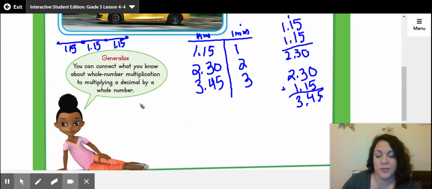If I had 1.15, how would we set up our problem? Just do it the same way you would as if you didn't have a decimal point there. So I write one factor on the top. Now I always have to line up. I used to do this when I was younger. So line up your numbers that way. So 1.15 times 3.